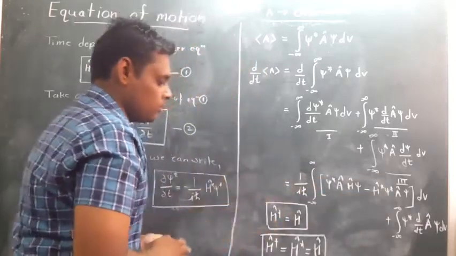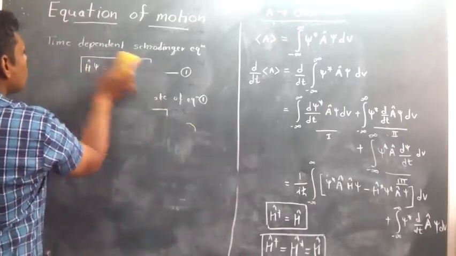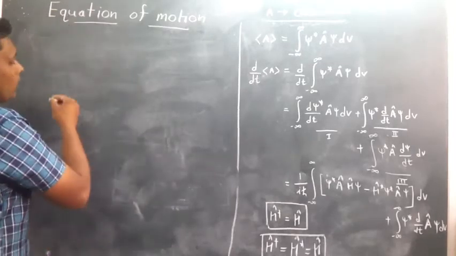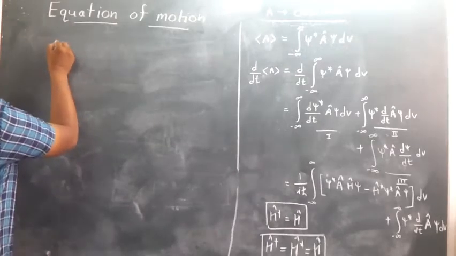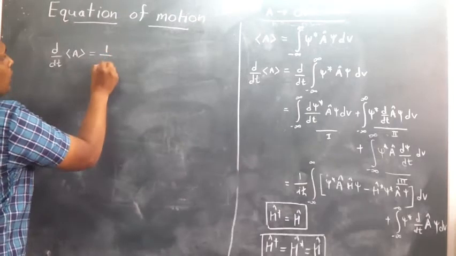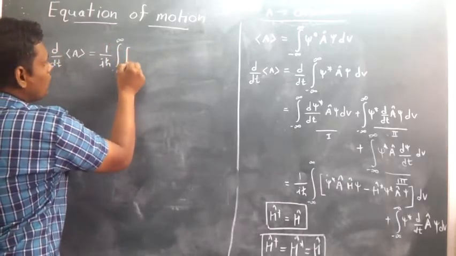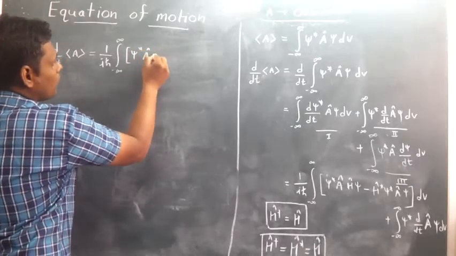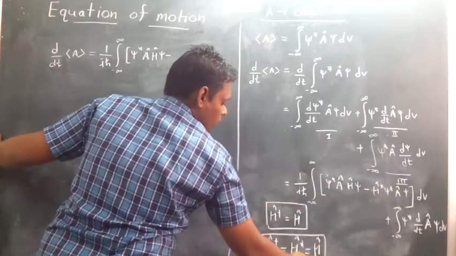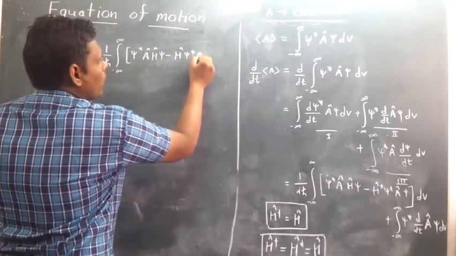So what we have in hand, you can see here: dA by dt is equal to 1 upon i h cross, integral from minus infinity to plus infinity of psi star A cap H cap psi minus, replacing as discussed, H cap psi star, A cap psi.